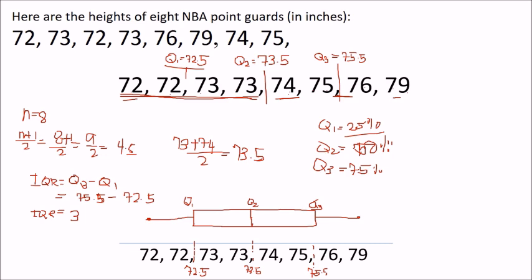Okay? And then 50% sa height sa NBA point guards is 73.5 inches or below. And 75% sa height sa NBA point guards is 75.5 or below. Another interpretation is the data tells us the height of the basketball players from the shortest and the tallest in the group.